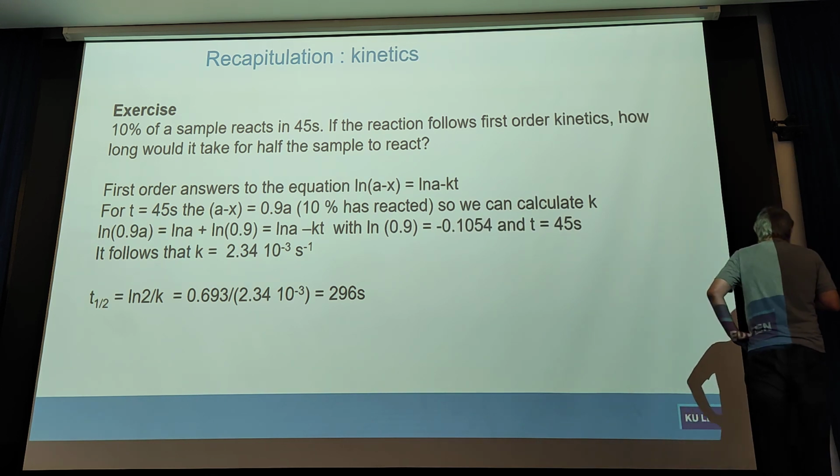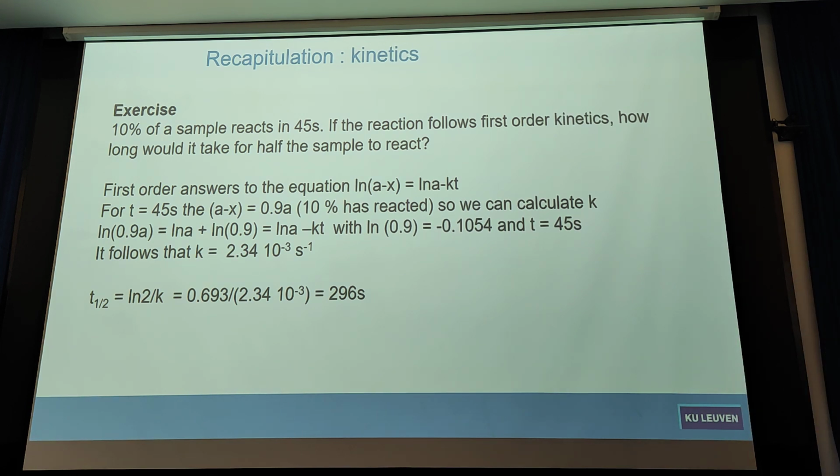So suppose it is given that this follows first order kinetics, then what can we tell about the half-life? In first order kinetics, of course, we have the same kind of formula still operating, so ln(A minus x) is ln A minus kt.